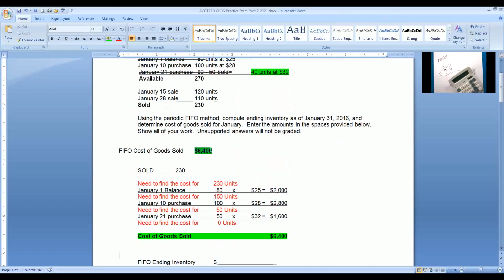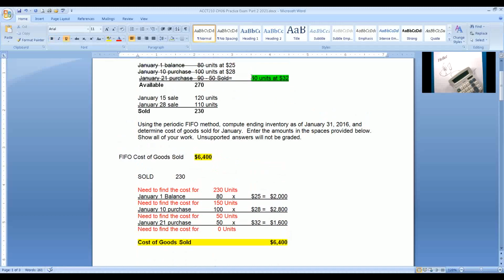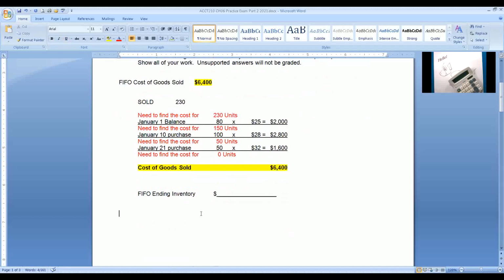No, I shouldn't have made those the same color. Make them yellow. Okay, and the ending inventory is the 40 units at, copy that. It's 40 units at 32. There's no other layer there, so. Oops.